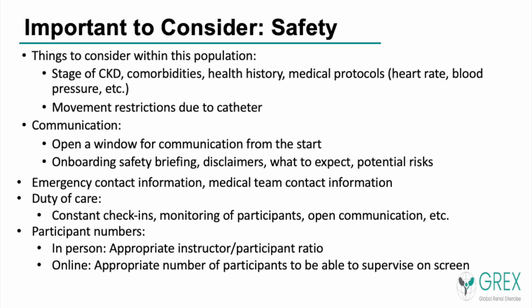And then also a brief on what the participant can expect in the class and any potential risks. And then the disclaimer and the waiver, which, as I already mentioned, should be ticked, is done as part of the onboarding, that all of these things have been understood by the participant and they're happy to continue.